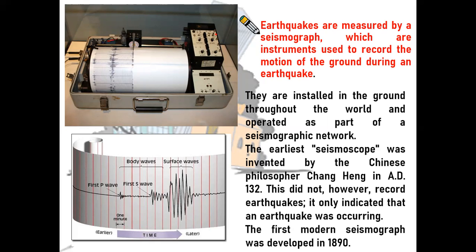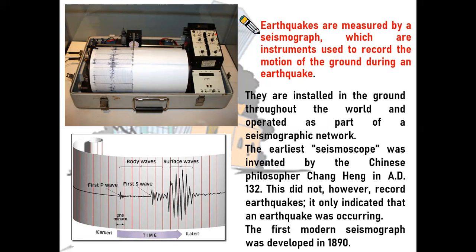Okay, it was a long way ago, and it was invented by a Chinese philosopher called Chang Heng. And it did not record earthquakes. It just indicated that an earthquake occurred, and it showed in which direction it was occurring.